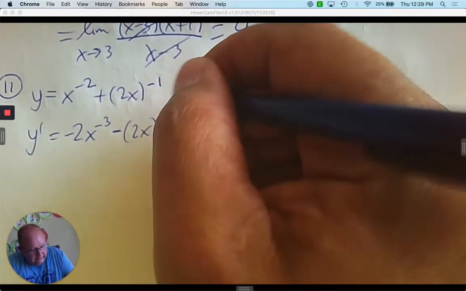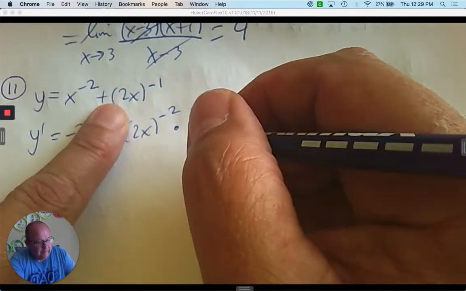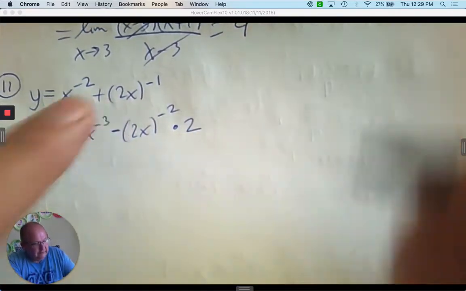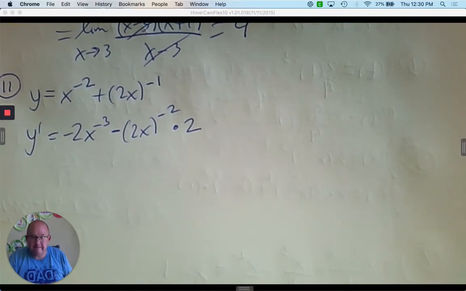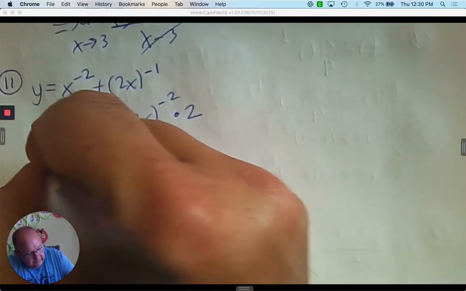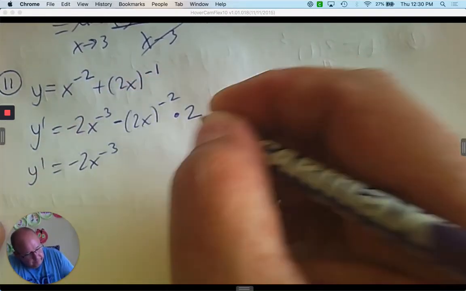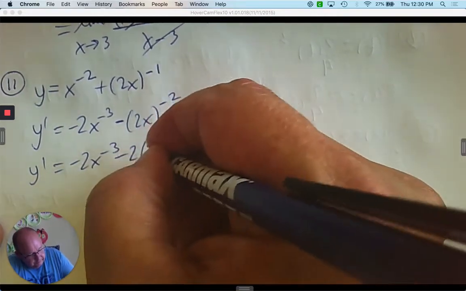Subtract 1 to the exponent times the derivative of 2x, the base is 2. So there's a little chain there. So I'm going to just clean this up just a little bit. I'm just going to put the 2 in front.